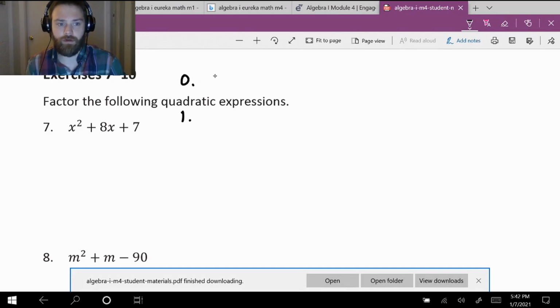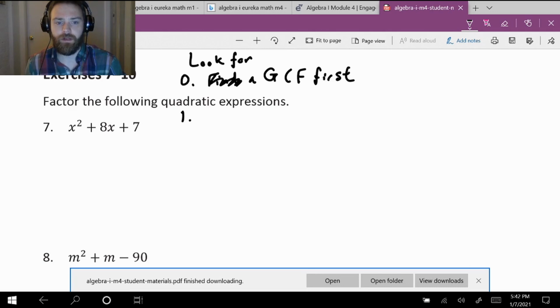So step 0 is to look for a GCF first. So look for the highest value that each one of these things is divisible by. So if you take a look here, my a term is 1. Anytime you see x squared by itself, it's understood to be 1.